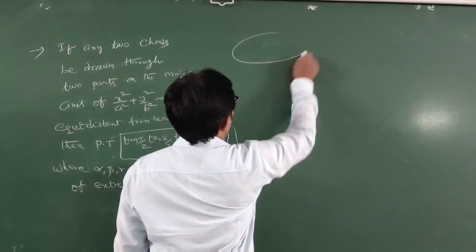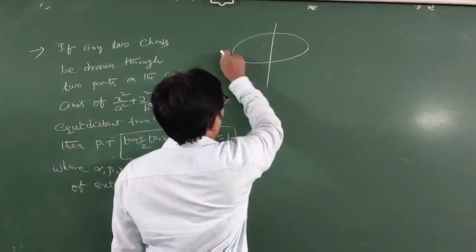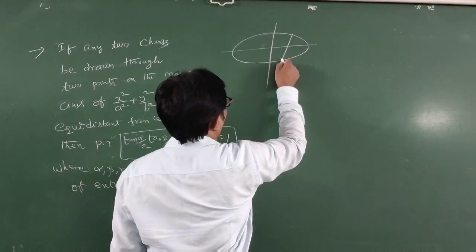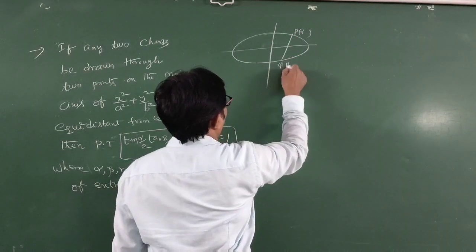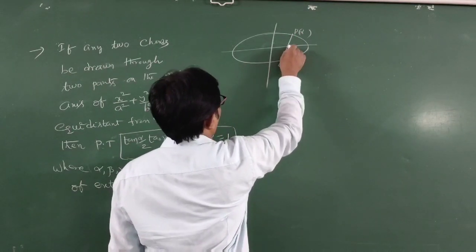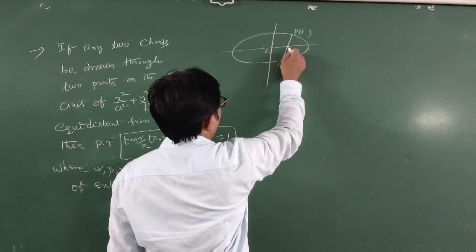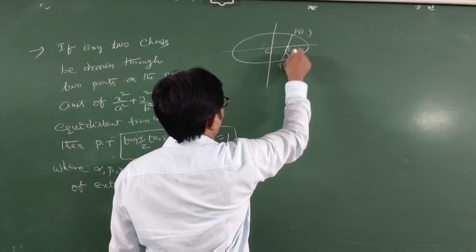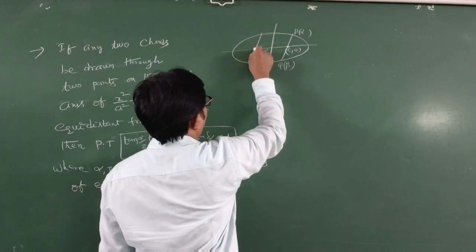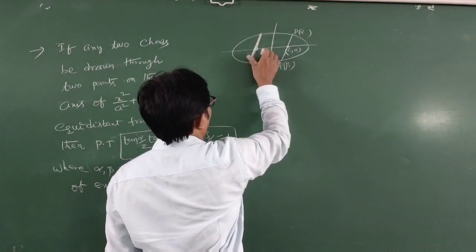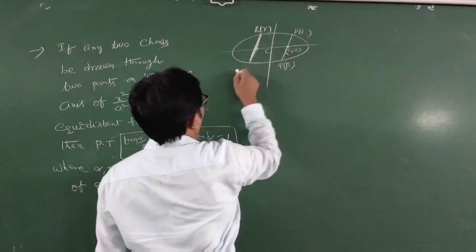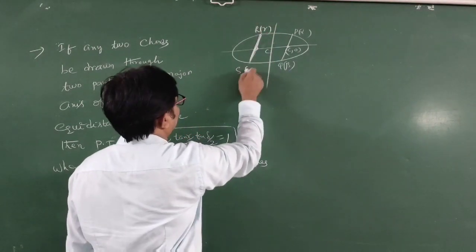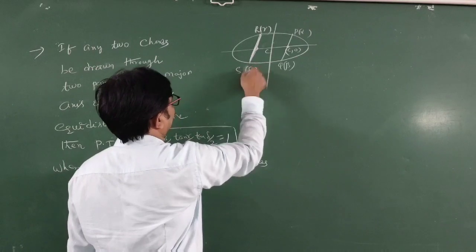here, this is the chord PQ with angles alpha, beta. This is at a distance from the center, the point c comma 0. The other chord, students, is RS, with angles gamma and delta.